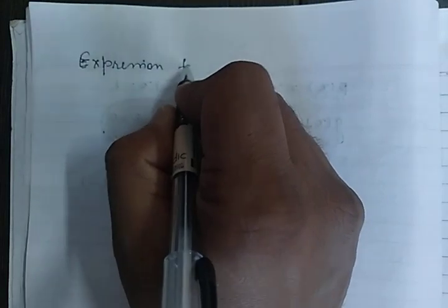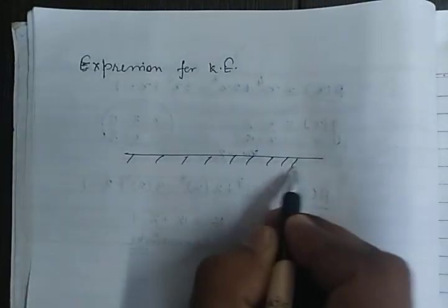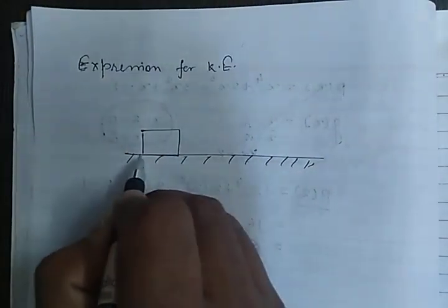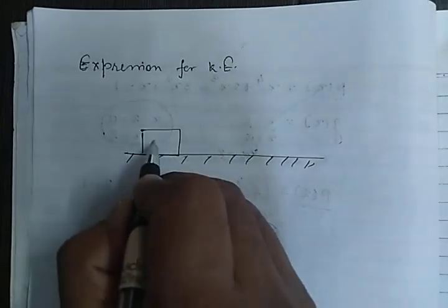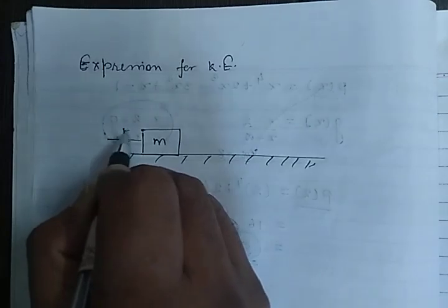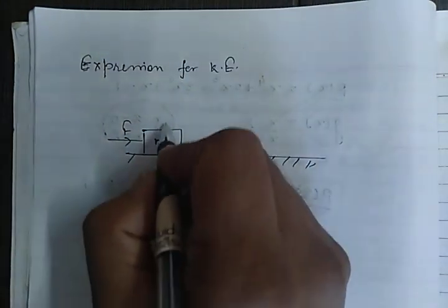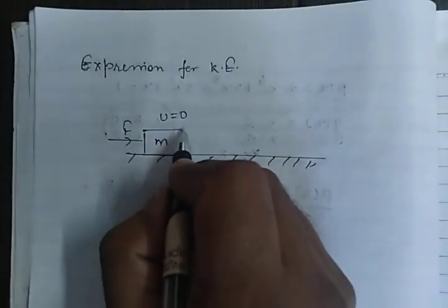We will derive an expression for kinetic energy, a mathematical relation for kinetic energy. For that, consider a flat surface and a block lying on it. The mass of the block is m, and an external force F is applied on it. Initially this block is at rest, so its initial velocity will be 0.